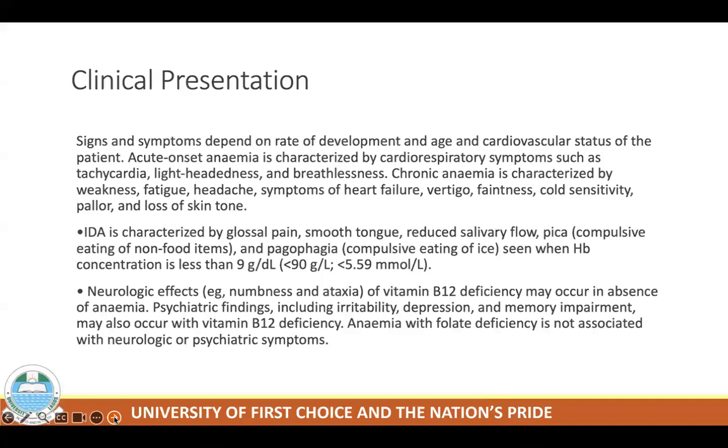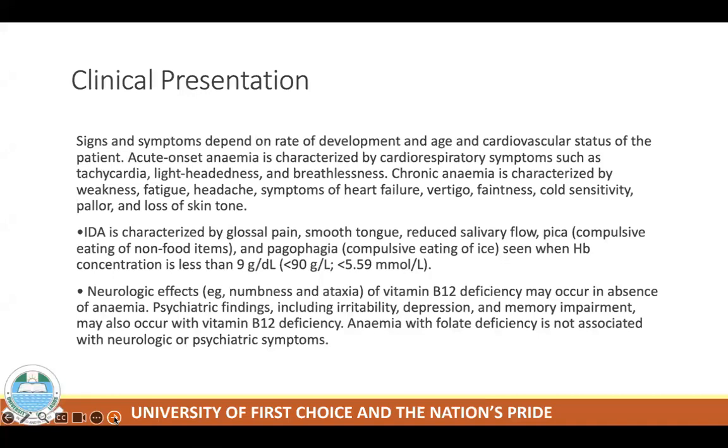Now, for chronic anemia, it's more characterized by weakness, fatigue, headaches, symptoms of heart failure, vertigo, faintness, cold sensitivity, pallor, that's change in skin color, and loss of skin tone. So the skin becomes saggy, right? Iron deficiency anemia is more characterized by glossal pain, that's pain in the mouth, smooth tongue, that's the tongue loses its groove, right?